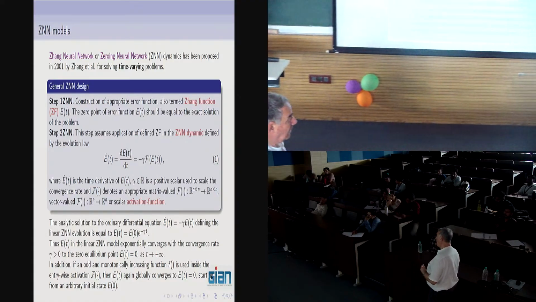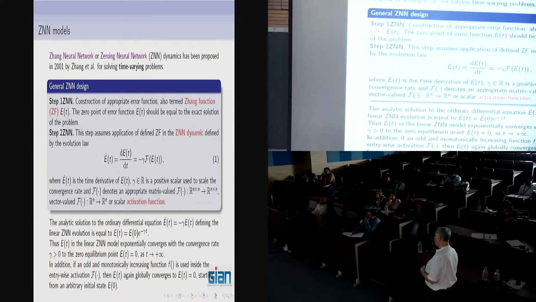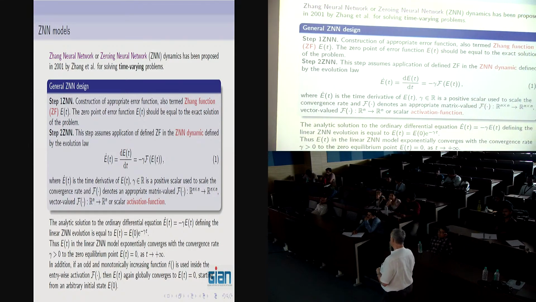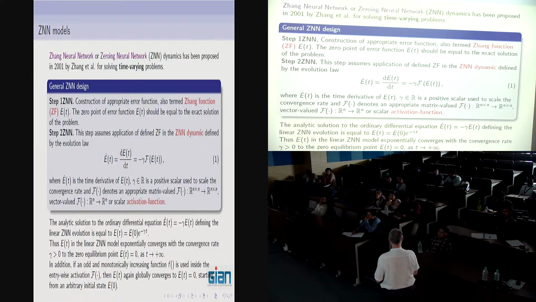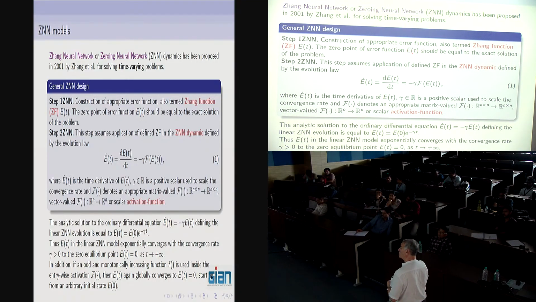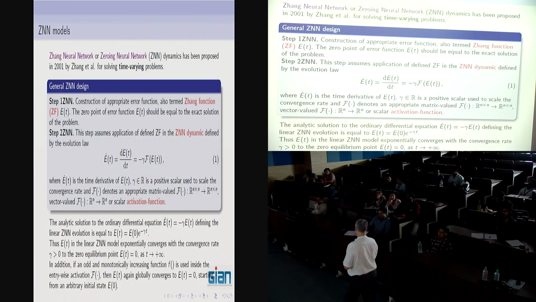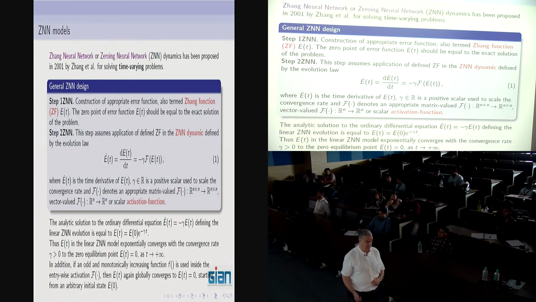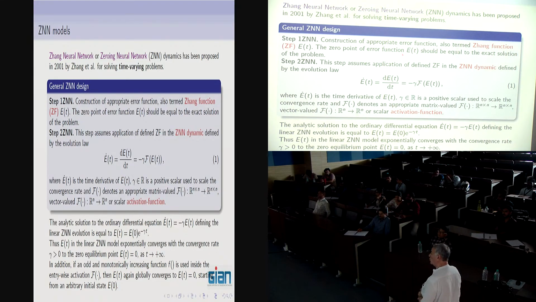Opposite to the gradient neural network, where E of t is typically in matrix form and then we use the Frobenius norm of this error function to obtain the goal function, here E of t is the goal function. The error function is immediately the goal function. We don't need the Frobenius norm of something. And E of t can be not only a matrix, it can be a scalar value, one individual value.